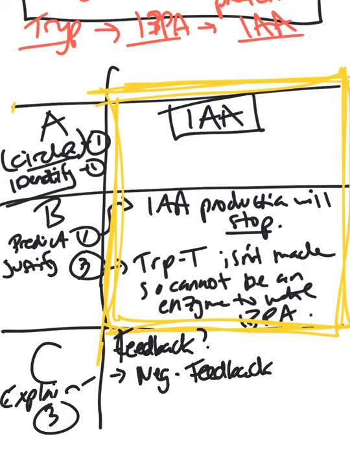And then remember, when we're asked to explain, we need to both ID, which would be negative feedback, and then our explanation needs to actually say why. What is this negative feedback?